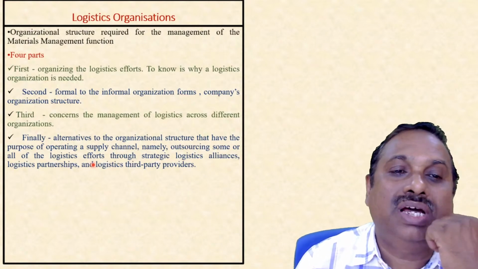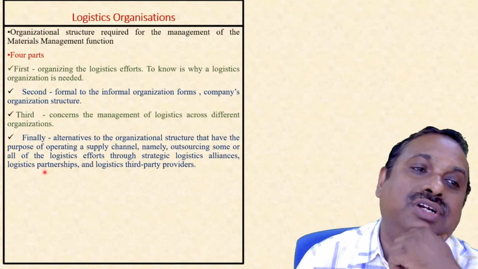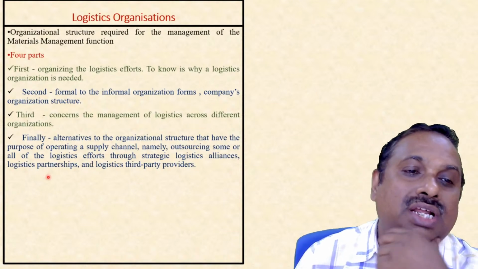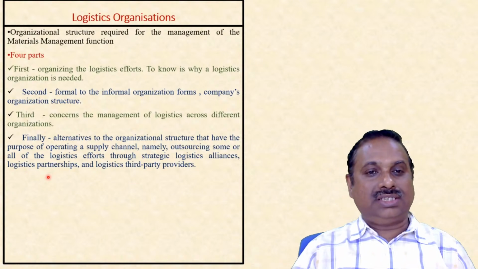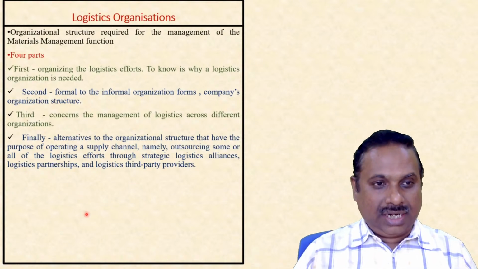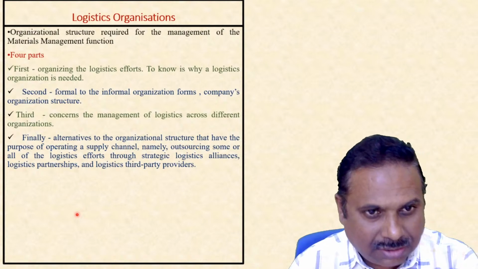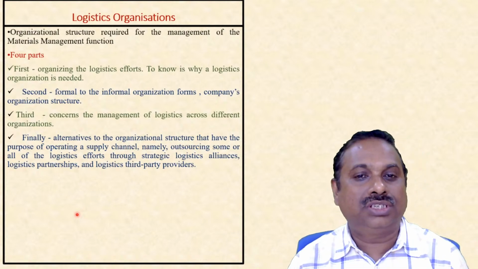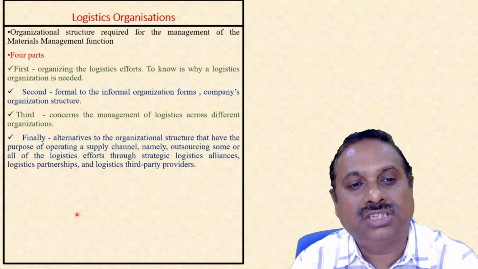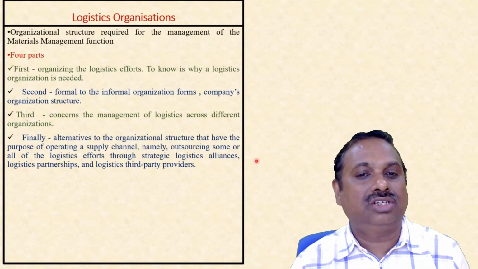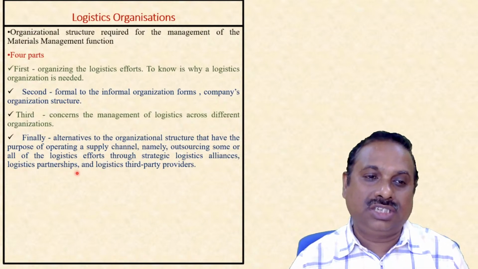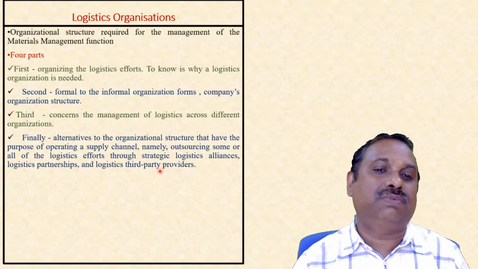Third concerns the management of logistics across different organizations. And finally, alternatives to organizational structure that have the purpose of operating a supply chain, namely outsourcing some or all of the logistics efforts through strategic logistics alliances, logistics partnerships and logistics third-party providers.